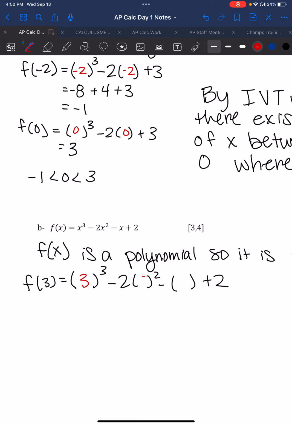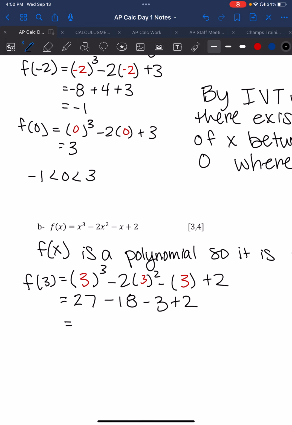So 3 cubed, 3 squared, and 3. 3 cubed happens to be 27. 3 squared is 9, and 9 times 2 is 18. 27 minus 18 minus 3 plus 2 gives us 8.